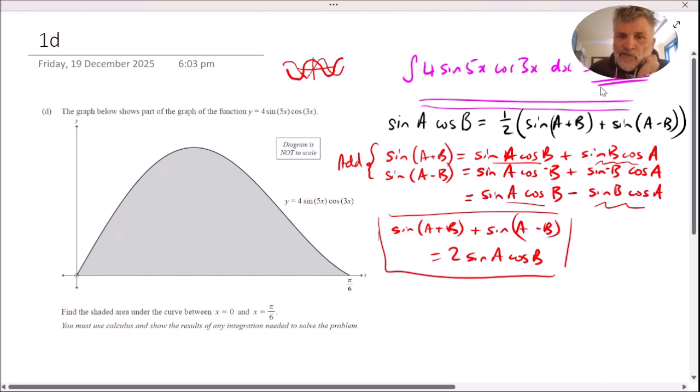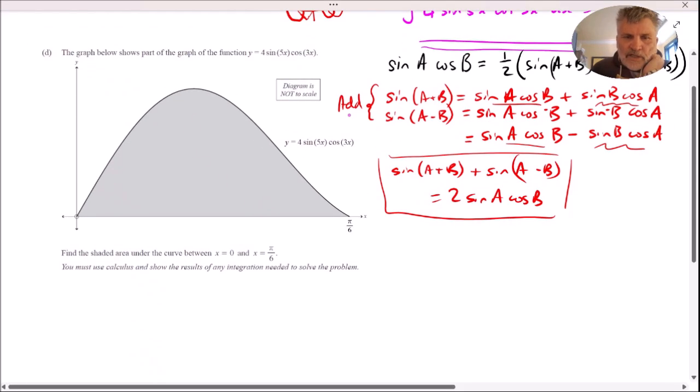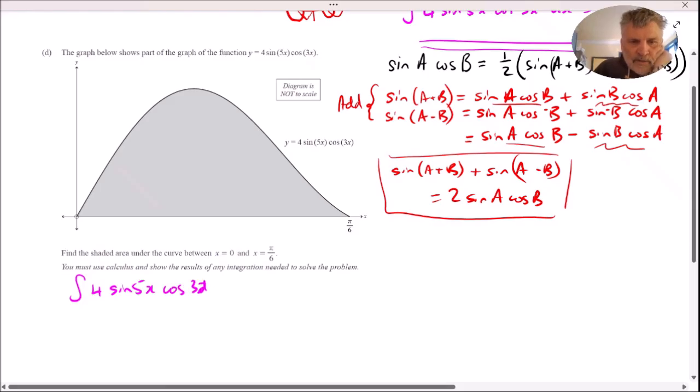We can transform our integral. So our integral, let's write it out down the bottom here, 4 sine 5x cosine 3x.